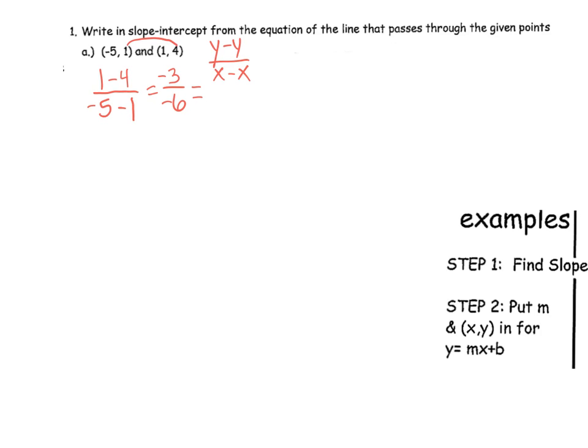Oh, and that reduces really nicely. Is it 2 or is it 1/2? 1/2. Good. So there's my m. We're going to need that at the end of our equation.